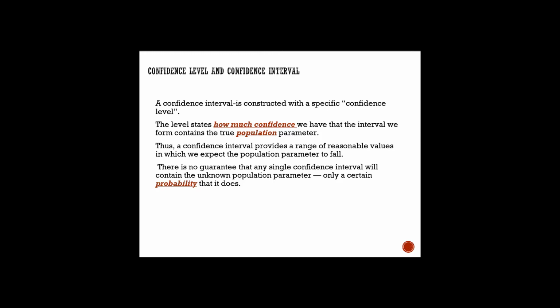There's no guarantee that any single confidence interval will contain this unknown population parameter. For example, if we don't know the population mean, and we won't, that's why we're setting up the confidence interval, we have no guarantee that the interval we set up will contain it. We only have a certain probability that it is contained.